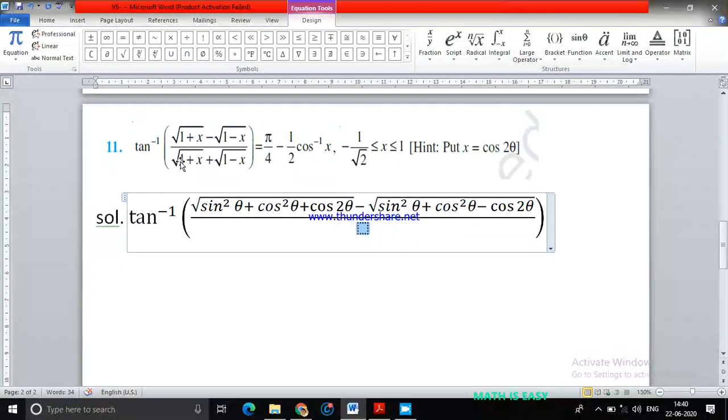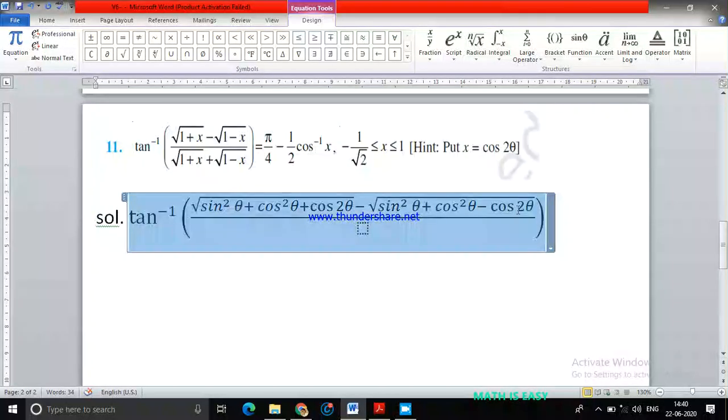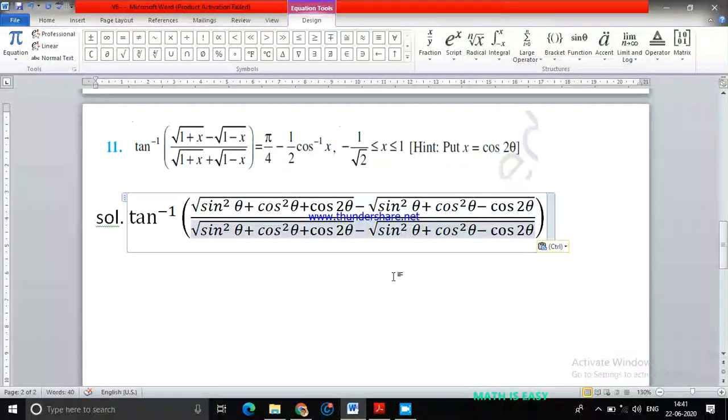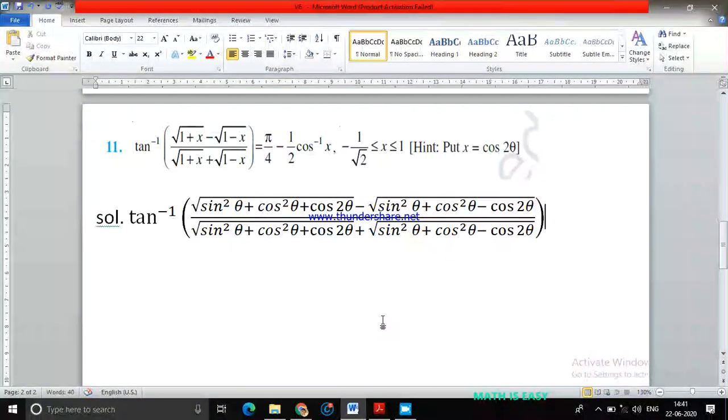Now again the denominator is under root 1 plus x, which is same as the numerator, but just one sign is different. So what I do is copy the numerator as it is. Just in place of minus here, it should be plus. Rest everything will be same.